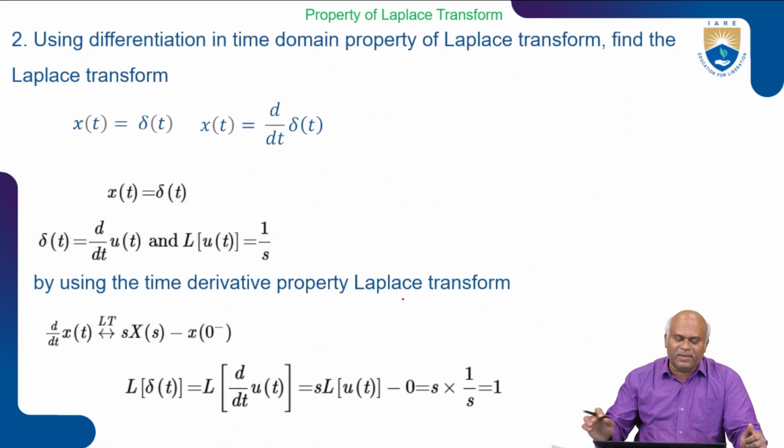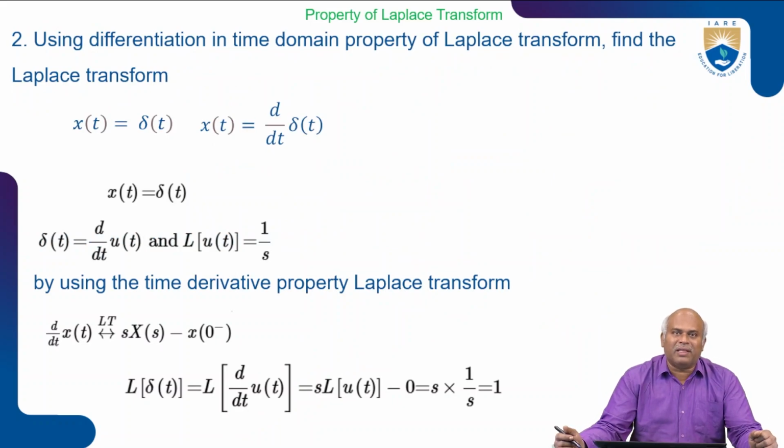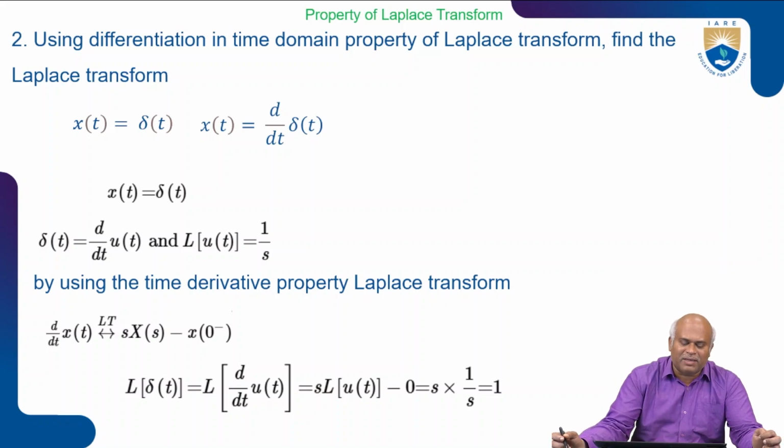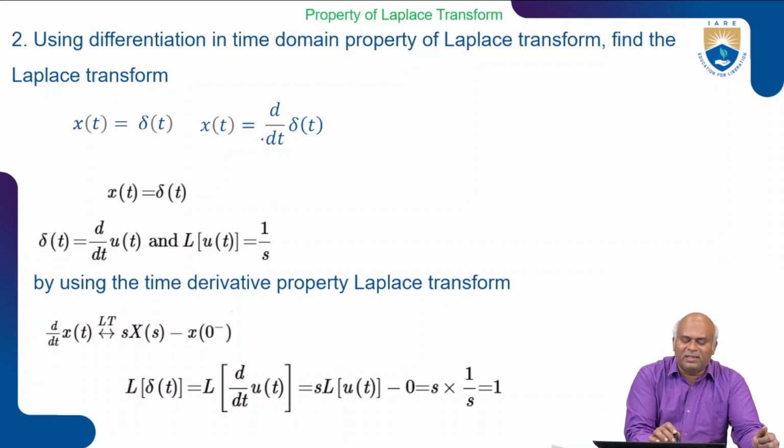Then take another property. Here I am taking another problem using the differentiation in time domain property of the Laplace transform. Find the Laplace transform of d by dt of delta of t.